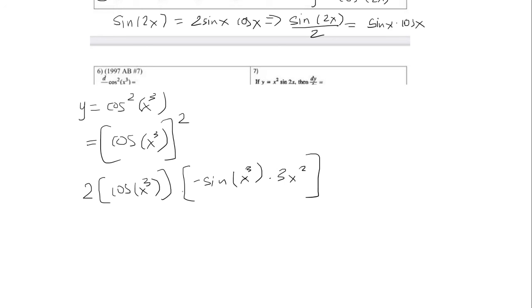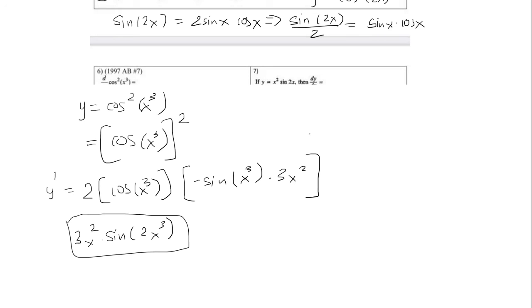I have 2 sine of x cubed times cosine of x cubed, which I can write as sine of 2x cubed, and then multiply that by 3x squared. So this is a nice simplified answer for the derivative.